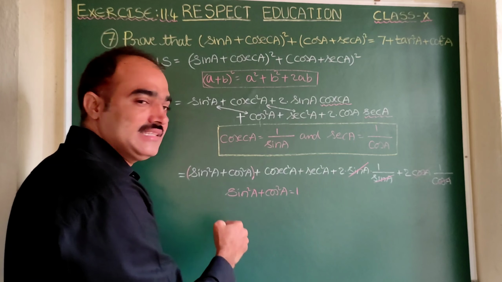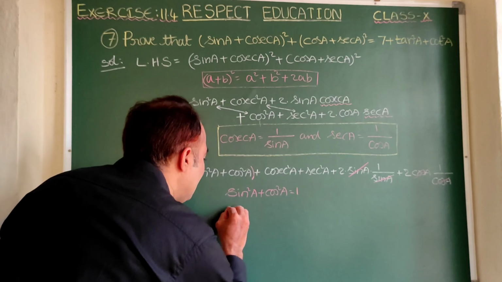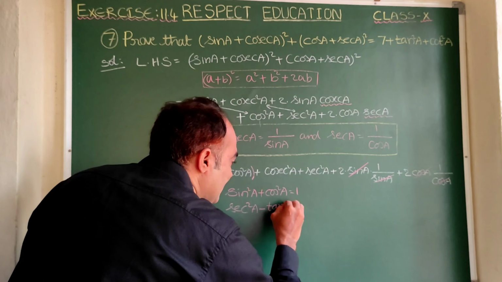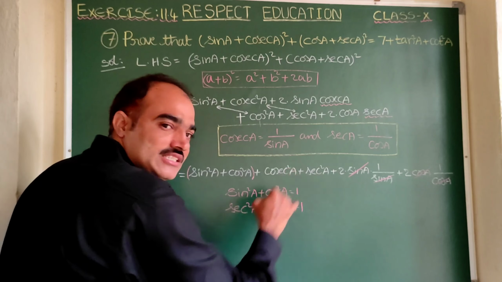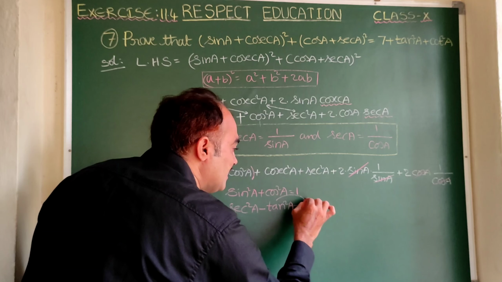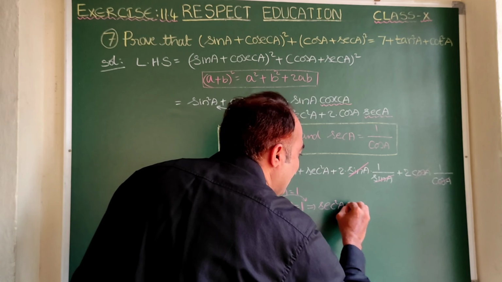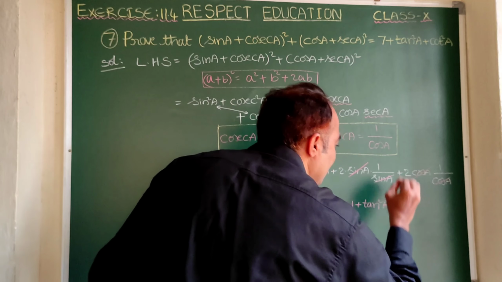Now let us take the help of other trigonometric identities. The second one is secant square A minus tan square A is equal to 1. Let us send tan square A to that side. So secant square A can be written as 1 plus tan square A. Is it clear?